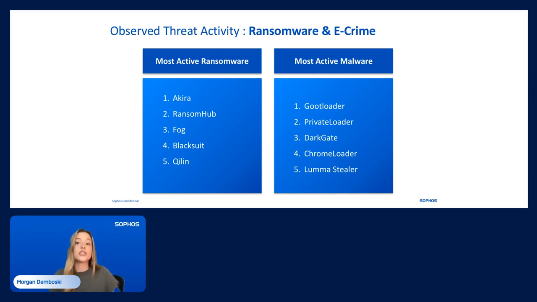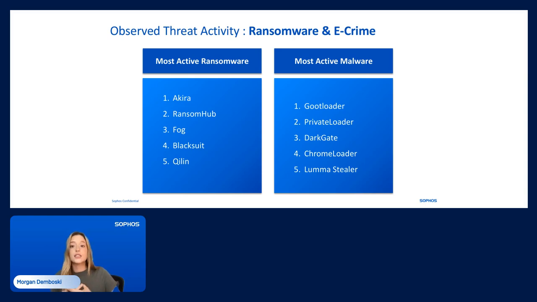Pivoting over to most active malware, the most active variant was the same as last month, and that was Bootloader. Bootloader is typically distributed via SEO poisoning, search engine optimization poisoning, and abuses compromised websites to lure victims into downloading things like a zip archive posing as a document that the user has searched for.